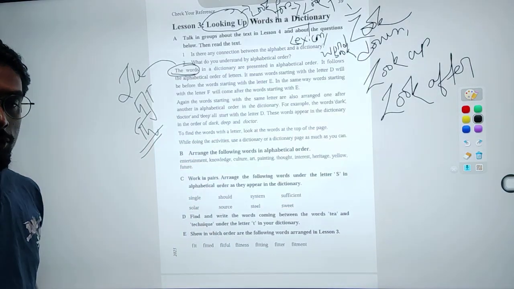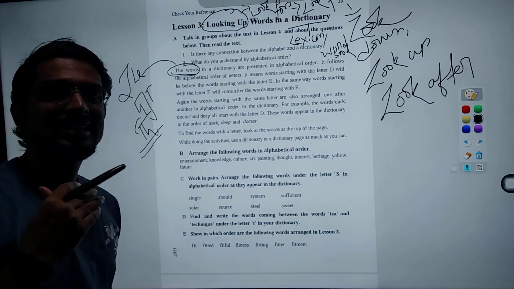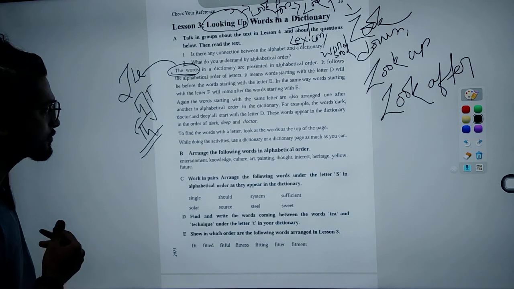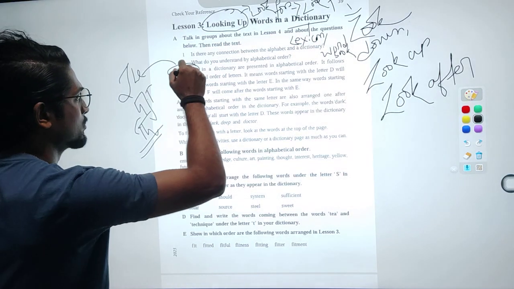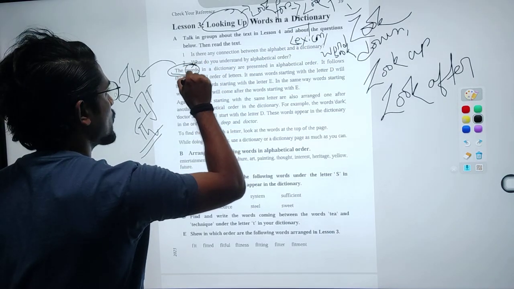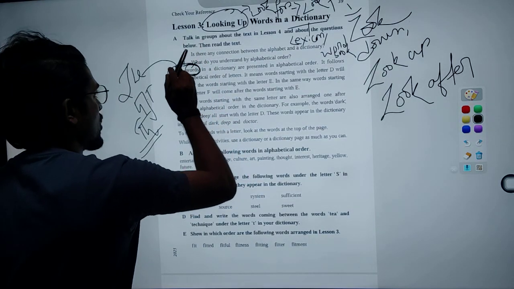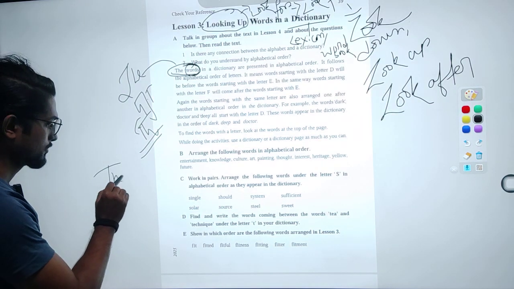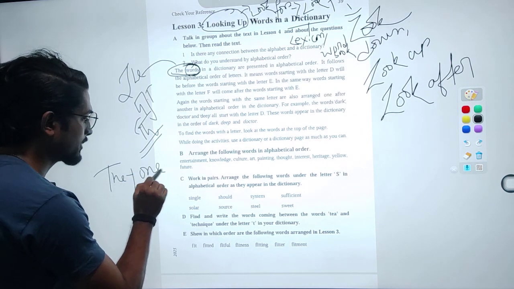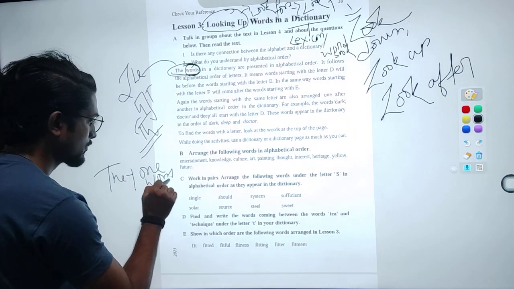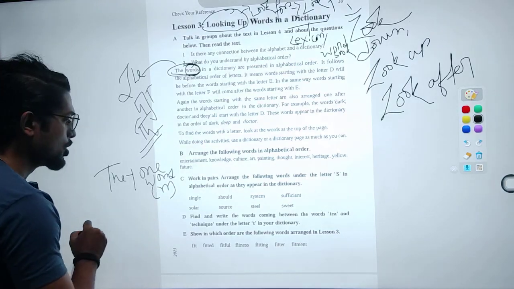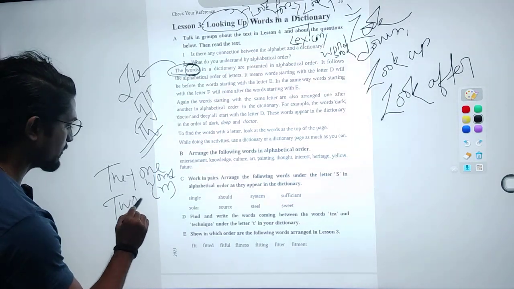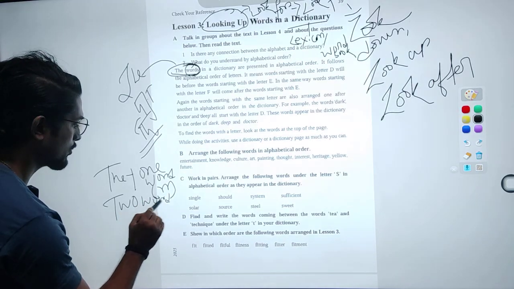দা যখন আমরা বলবো তখন কনসোনেন্টের ক্ষেত্রে, দি বলবো আমরা ভাওয়েলের ক্ষেত্রে. So the words is a noun. The word words is a noun. কিভাবে বুঝলাম? যখন আর্টিকেলের পরে one word থাকবে তখন এটা আমরা নাউন বলবো. যখন two words থাকবে তখন আমরা প্রথমটা অ্যাডজেক্টিভ, পরেরটা noun.